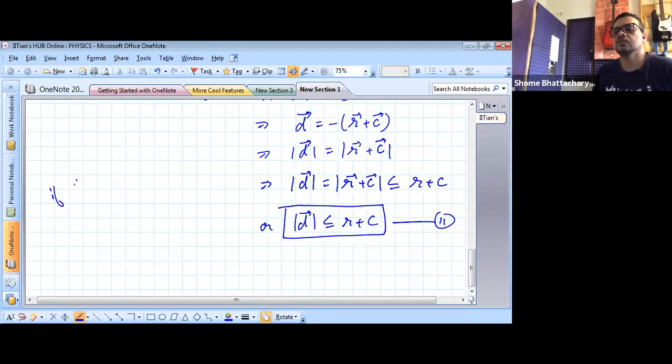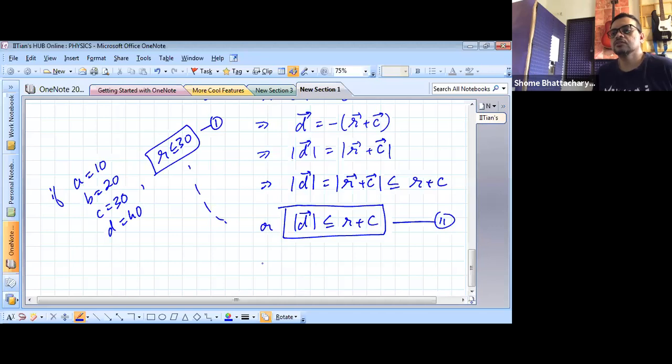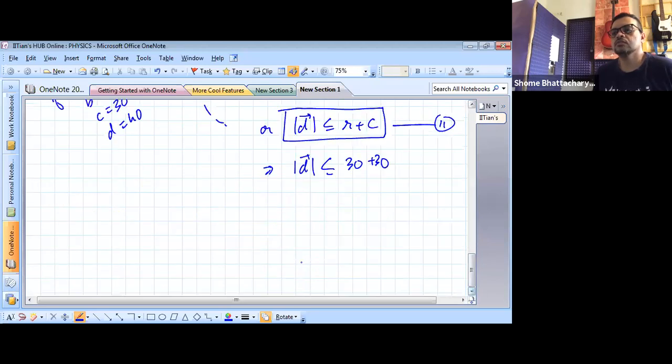So if A is equal to 10, B is equal to 20, C is equal to 30, D is equal to 40, then the first thing we had was that R is less than or equal to 30. So the first statement. So now substitute that here. So that means D should be less than or equal to 30 plus 30, or D should have a magnitude of less than or equal to 60.